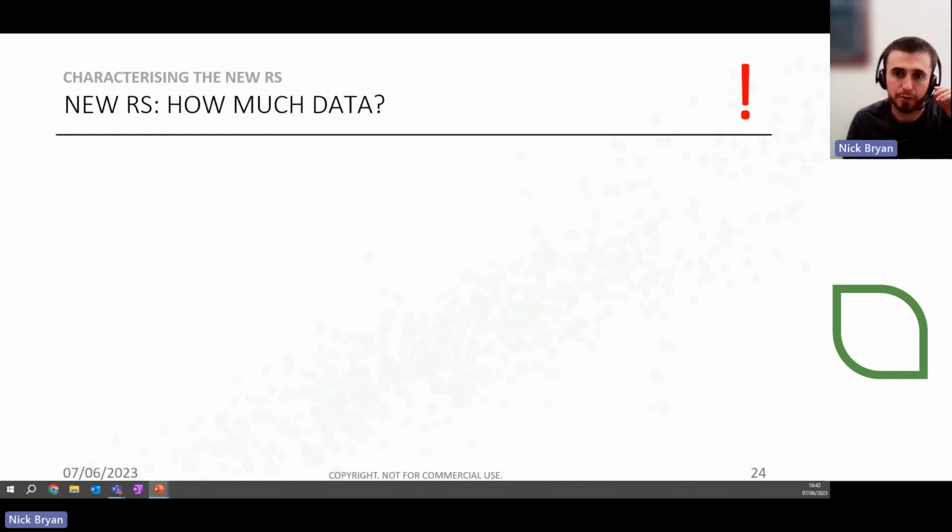We do want to be able to get a reasonable estimate of the relative potency of the new reference lot, and we want to get a precise estimate of that. But how do we figure out how much data we need?